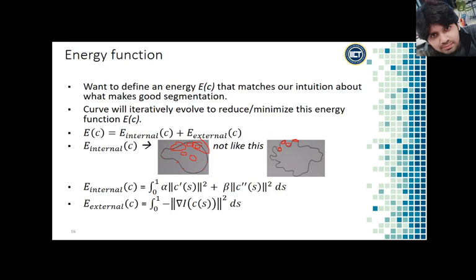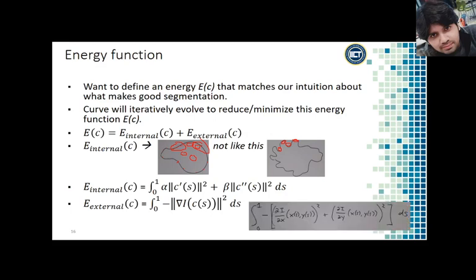Now we have to make the curve fit with the image edges. The intuition is that the curve should basically lie right on top of the strong edges in the image.